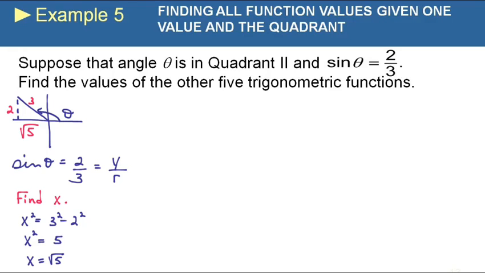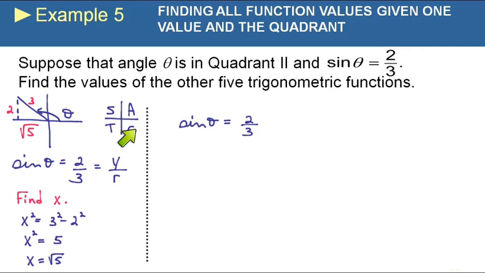Okay, now it's easy once I have the third side labeled. It's easy to find the 6 trig functions, and I have to keep in mind ASTC here. So we already know from the problem that sine is y over r. Cosine now is x over r, but it's in the second quadrant where sine is positive, cosine is negative.